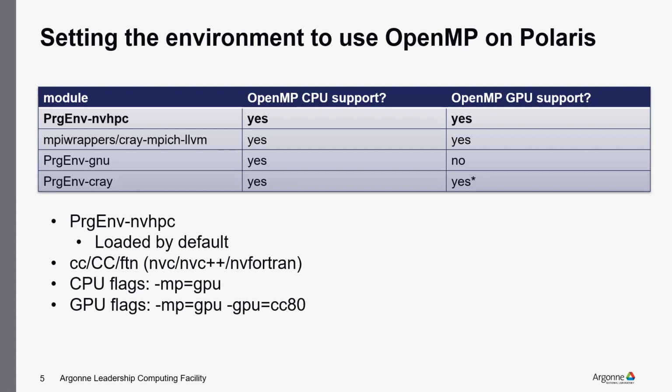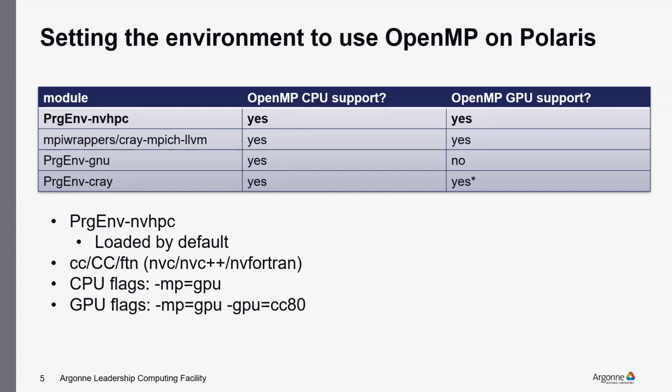Okay, so for NVHPC, since it's a programming environment, you have cc, capital CC, and ftn as the MPI wrappers. If you need to do certain debugging work and you don't want to deal with MPI, you can just use the native C++ and Fortran compilers directly and turn off MPI in your code.